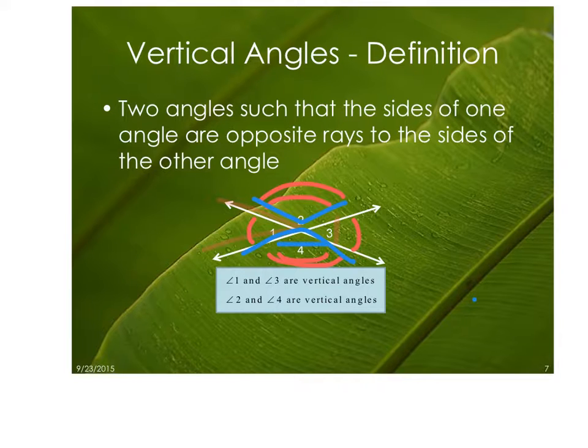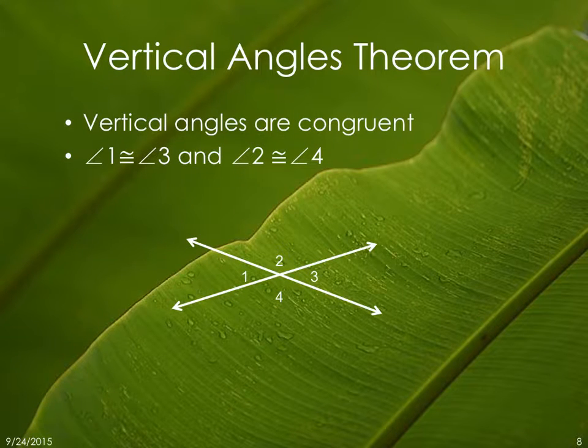Now, let's go back and see the vertical angles theorem. And the vertical angles theorem, we have to prove, and we'll be proving it on the next slide. The vertical angles theorem states that vertical angles are congruent. So once you identify them, you will know that angle 1, because it's vertical to angle 3, they are congruent.